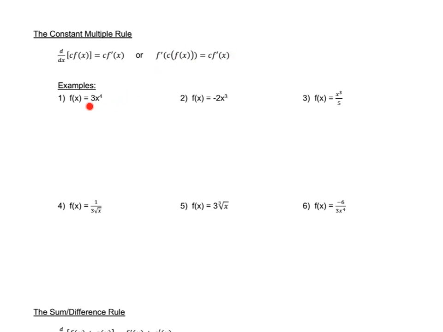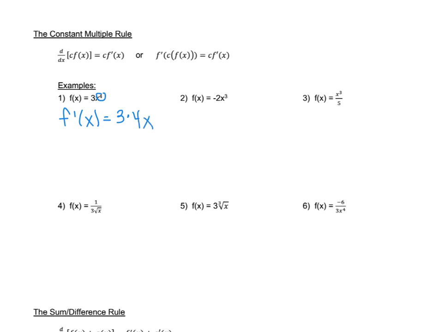So what that means is with this first example, 3x to the 4th, I'm just going to apply the power rule. So f prime of x, when I apply the power rule, remember that 4 comes down in front. It's the new coefficient of x, and the 3 is out there, it's going to be multiplied by whatever the derivative is.